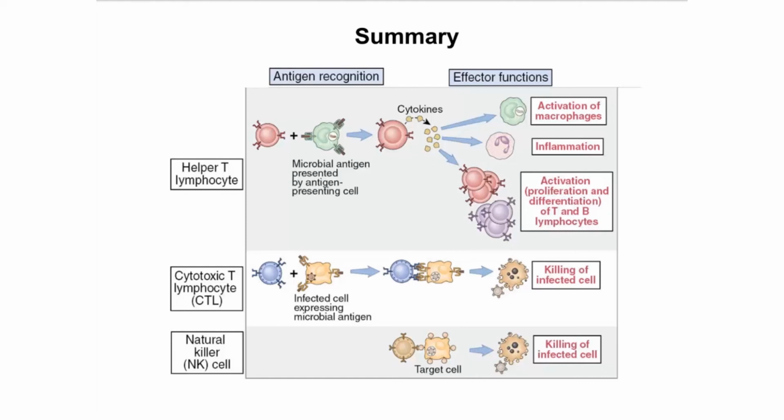CMV escapes cytotoxic T cell killing because it very efficiently turns off MHC class 1 synthesis. It's got 3 separate genes that block MHC class 1 synthesis, MHC class 1 transport through the cell, and it accelerates MHC class 1 digestion within the cell.